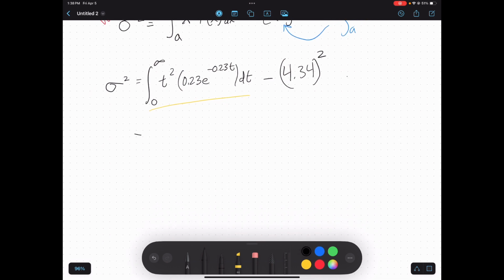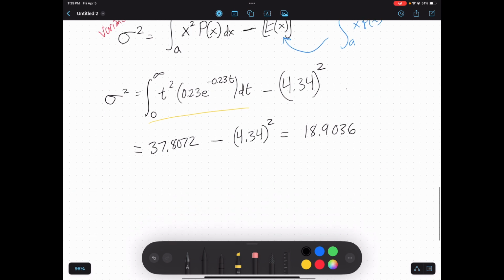Okay, and I get about 37.8072, but then I have to subtract my mean, or my expected value, squared, and I end up with 18.9036. So there's my variance. And then to find my standard deviation, all I have to do, right?